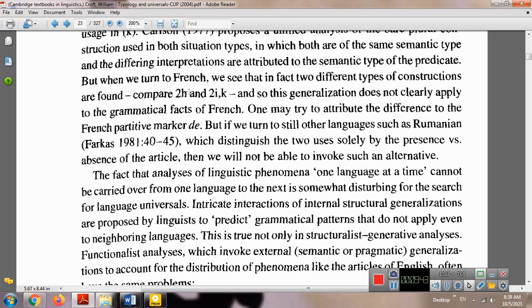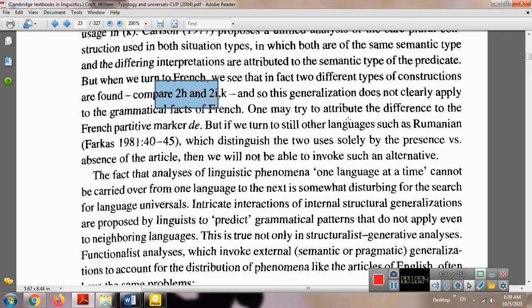But when we turn to French, we see that in fact two different types of construction are found compared to H and to I and K, and so this generalization doesn't clearly apply to the grammatical facts of French. Please refer to this example.